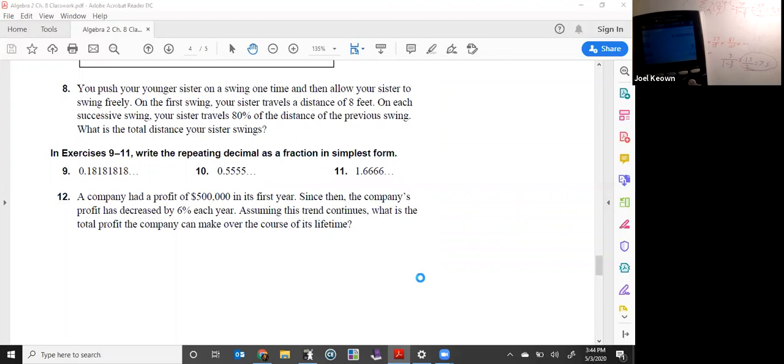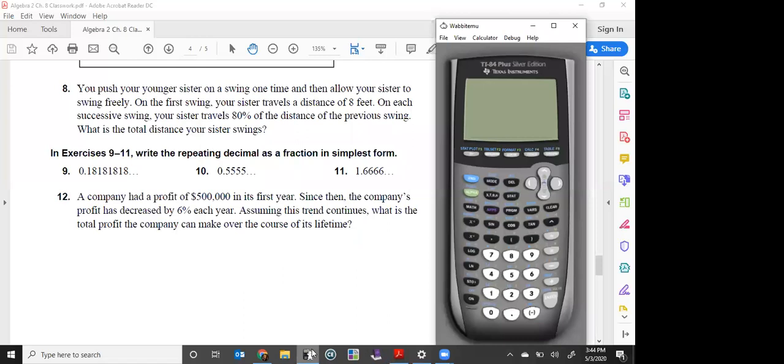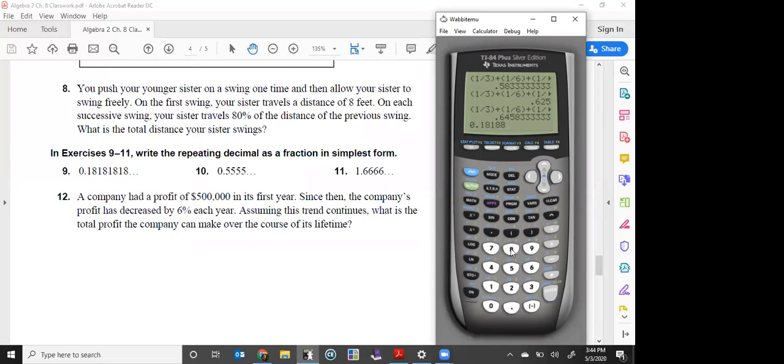So to do this, we'll pull my calculator up. I'm going to type it in the calculator just the way it looks. So the first one, 0.18181, type it in a bunch of times. I'm going to hit the math button, and it says arrow frac and arrow dec.